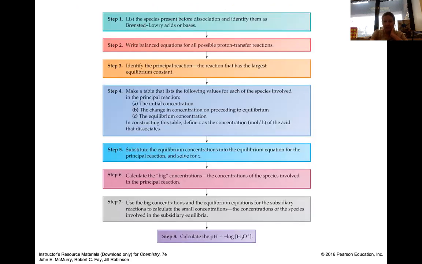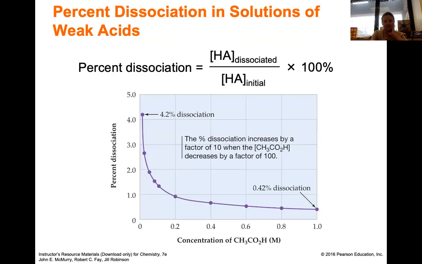So this is just a flow chart of how you're going to calculate a pH with a weak acid. Before you go on, go ahead to page 558 and do problem 14.17. You'll use the equilibrium constant for a weak acid.